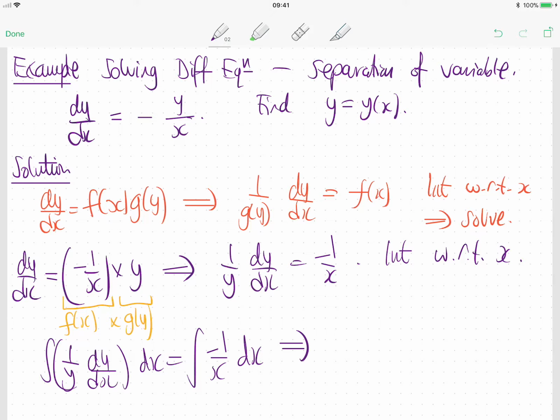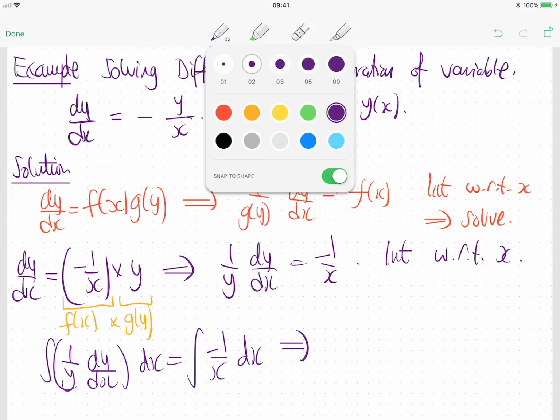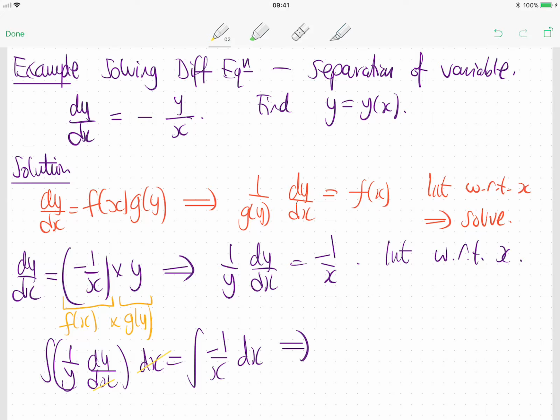What do we get? As usual, the dx's cancel. So we integrate 1 over y with respect to y. This is a standard integral, this is log of y.